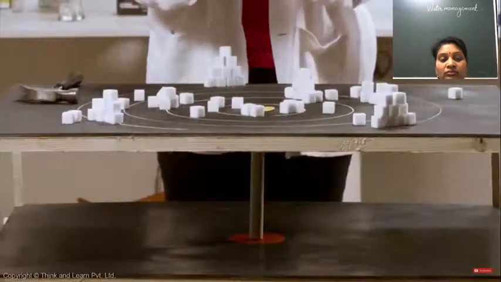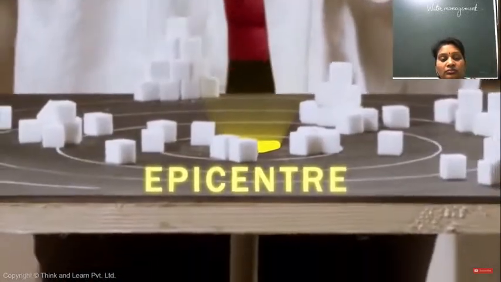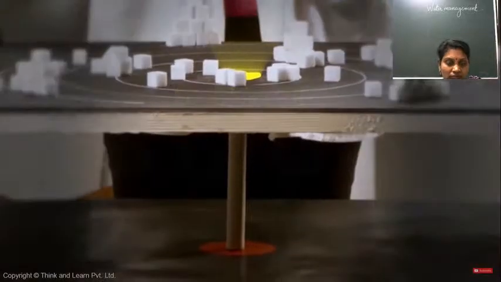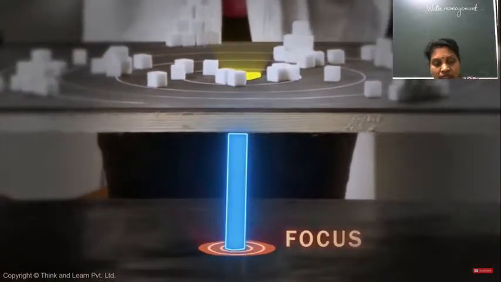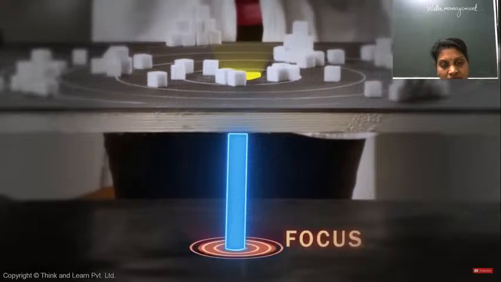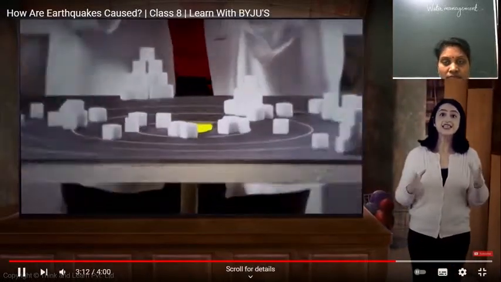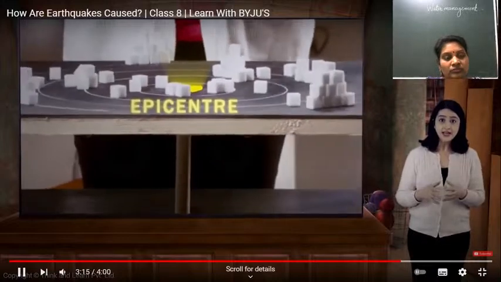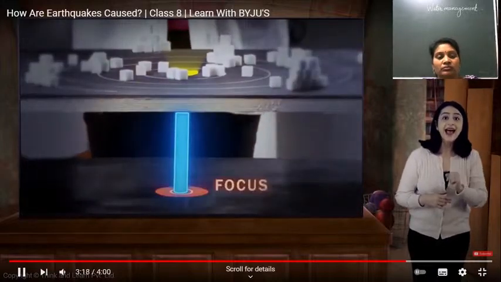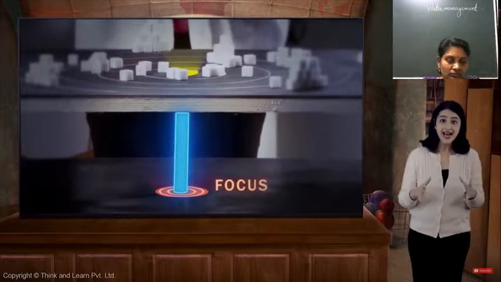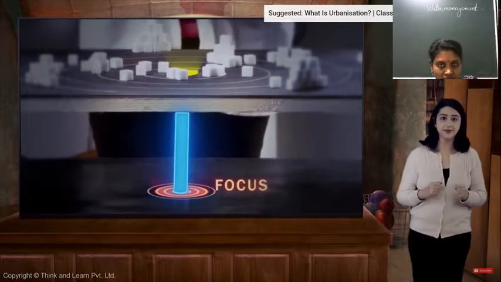When it comes to the earthquake, the place on the surface where the earthquake seems to be originating from is called the epicenter. The point inside the earth, right under the epicenter, is called the focus. In our demonstration, the common center of all these circles is the epicenter, and the red band, when we hit the stick, acts as the focus, because that's where the vibrations originated.